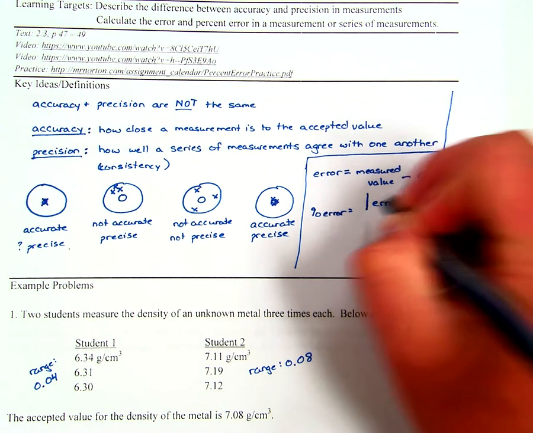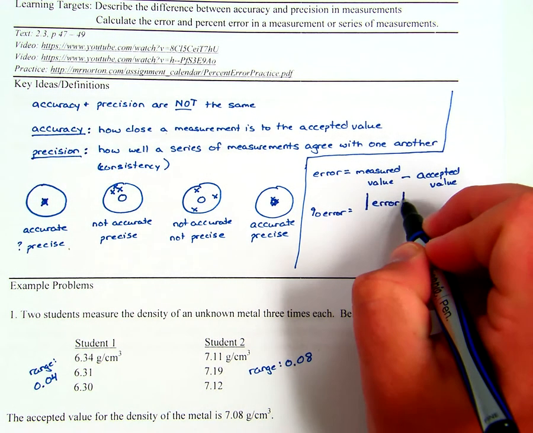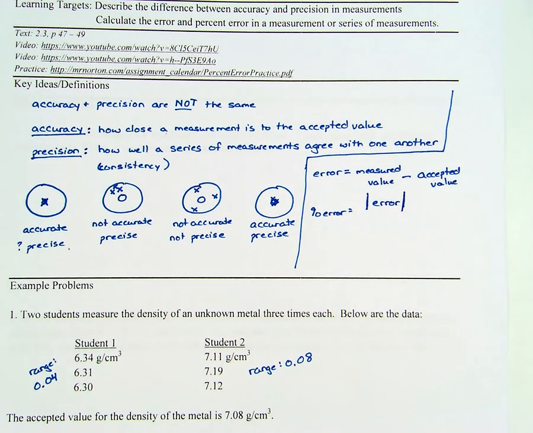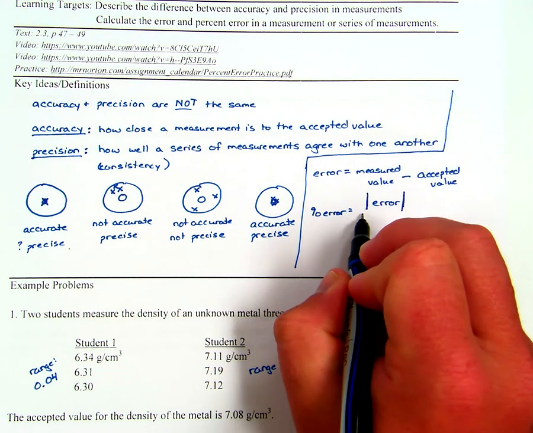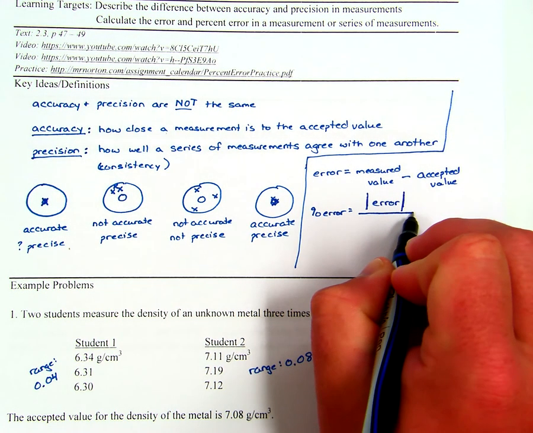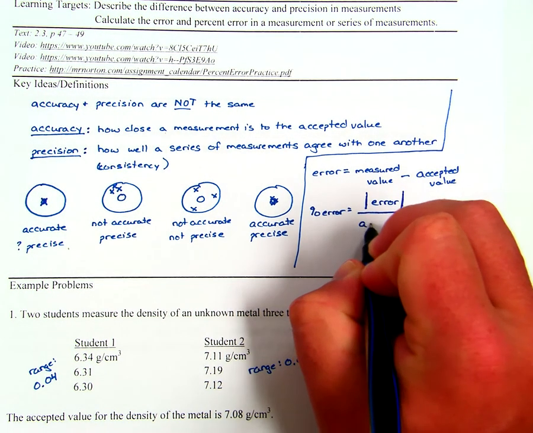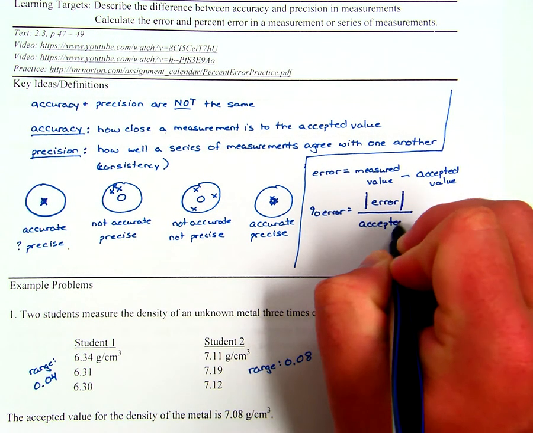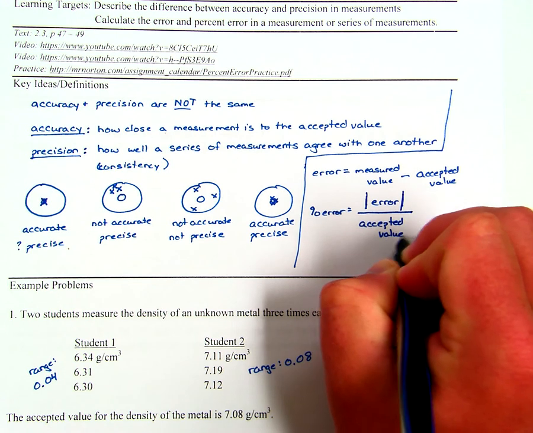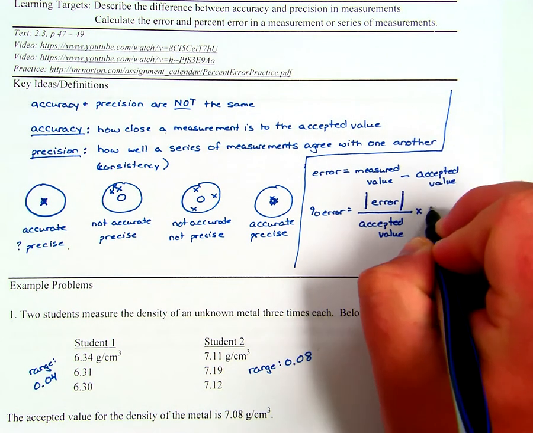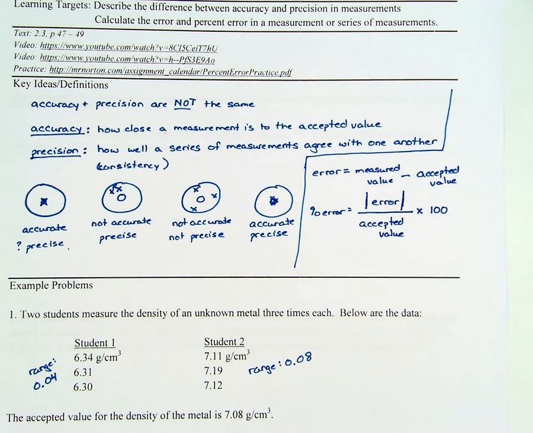That means the positive value of your number, or distance away from zero. It's the absolute value of your error divided by the accepted value that you should get, times 100 to turn it into a percentage. So let's go down and take a look at how we would calculate our percent error for the example we're working on.